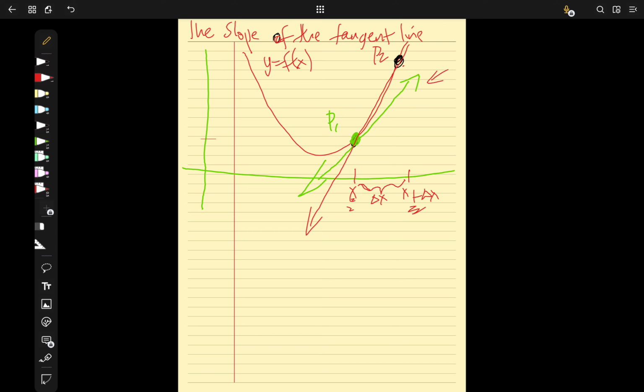So, of course, guys, while P2 keeps getting closer to P1, you will notice that our delta x is getting smaller.